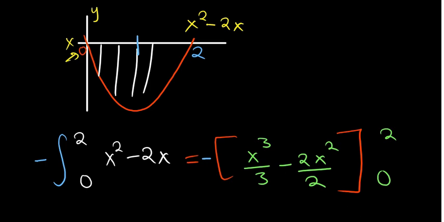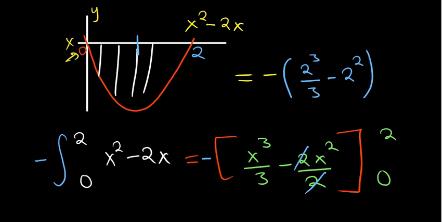Okay, so what do we expect? In terms of simplifying that, we're going to have the negative of that, and since we've already integrated, for the first part we plug in 2: 2 to the power 3 over 3 minus, to make things easy, we can divide, so we only have x squared, so 2 squared. Then minus the lower limit, where you have 0, so 0 to the power 3, which you already know is going to give you 0, and then 0 to the power 2.